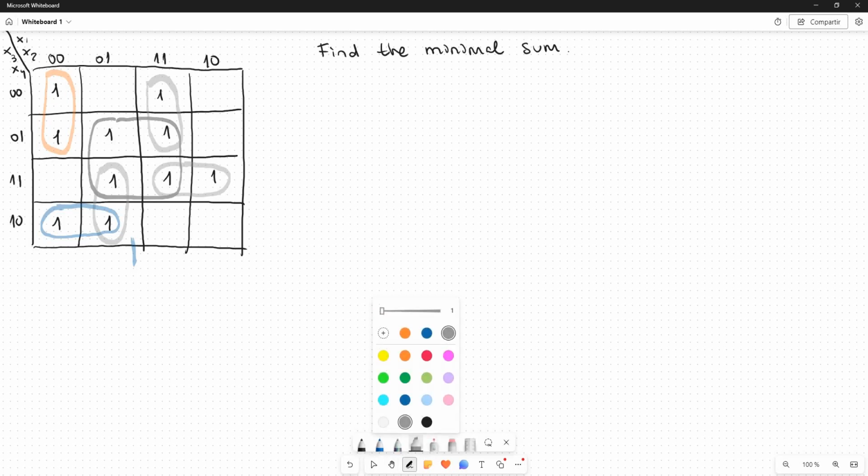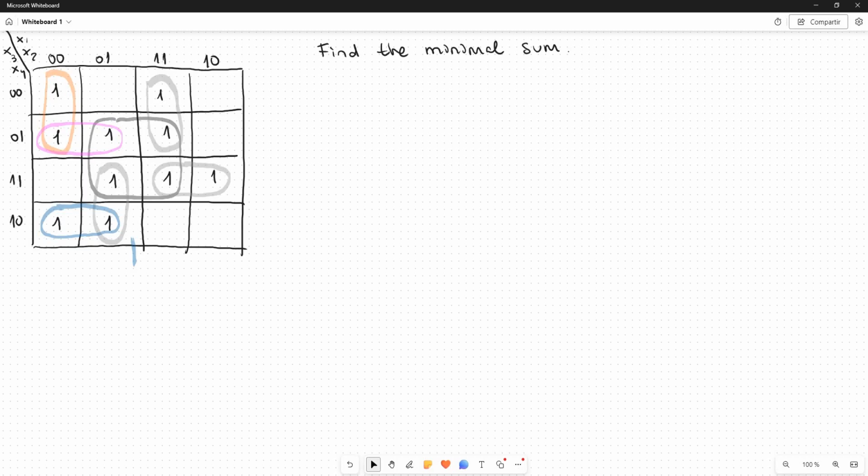I'm going to choose a different color. For example, this is another prime implicant. Okay, and we still have another prime implicant not included before. That is this one covering these two ones, and it has to be included because it's a two cells implicant, so it has the same size as the other ones.